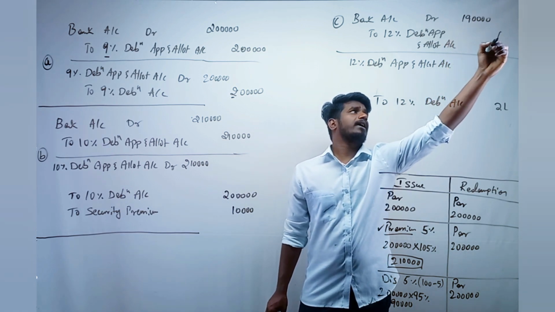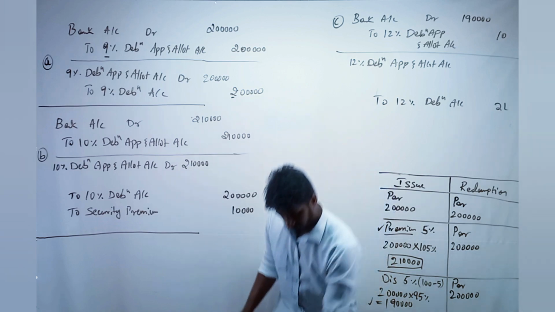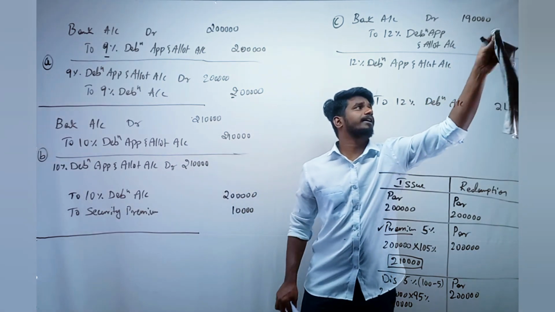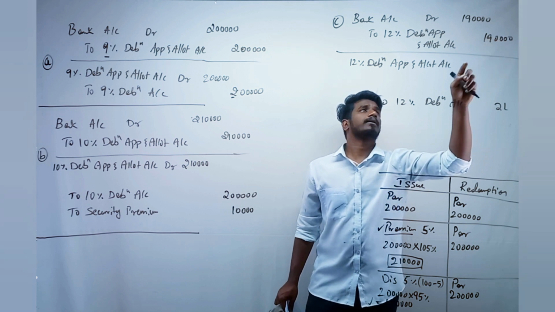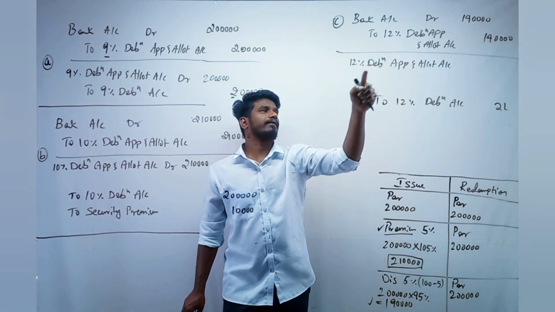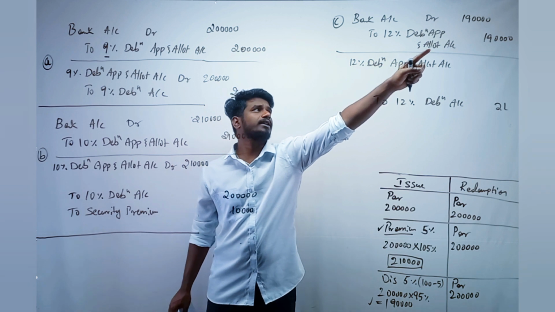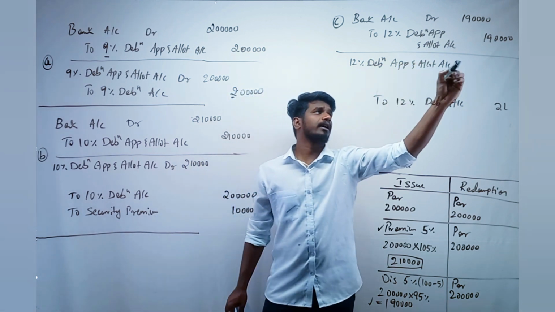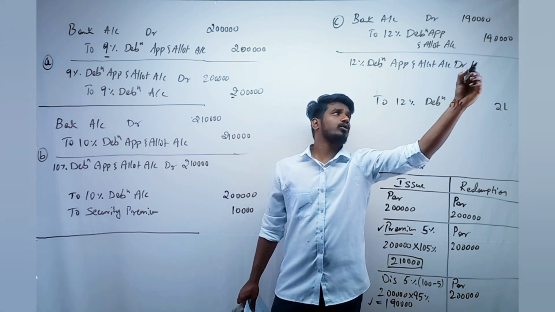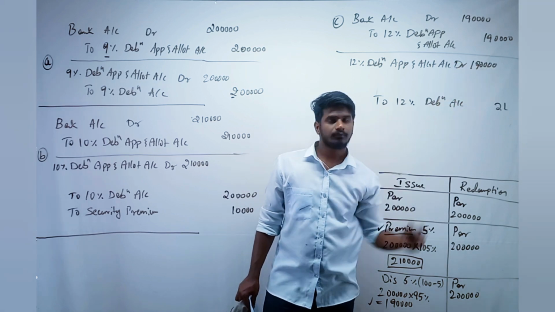Right, 1,90,000 on the credit side also. So here we have reversed this 12% debenture application and allotment account, debit. So write the same amount, 1,90,000. Fine.